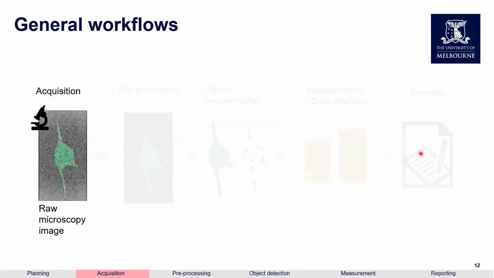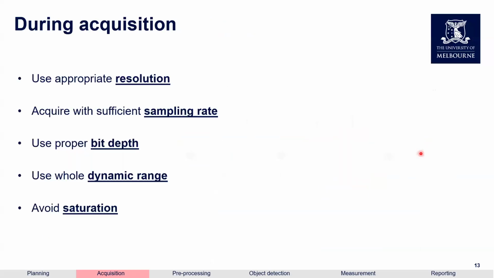So now we can get to the first step of the image analysis workflow, which is acquiring the microscopy image. Acquiring a proper image is really crucial in getting proper measurements.